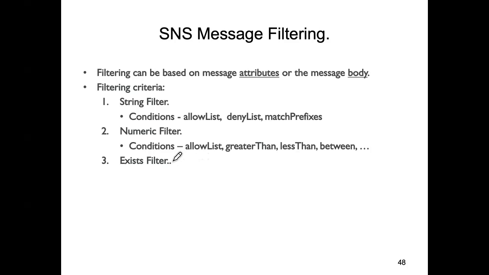Or in the case of body-based filtering, if the body of the message has a particular key within it, then I want the message to go through to the subscriber. Otherwise, I don't. So it's a much simpler type of specification. Okay, those are the three different criteria that you can use for specifying your filtering, whether it be attribute-based or body-based.